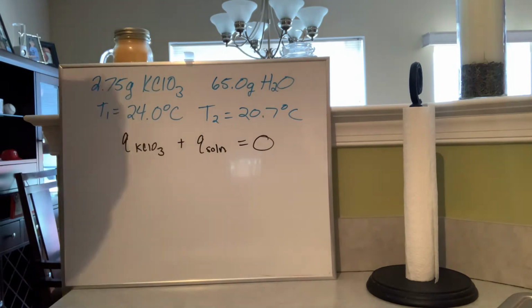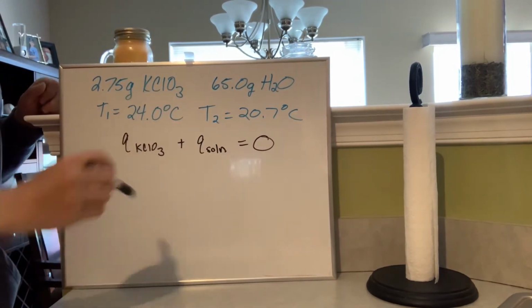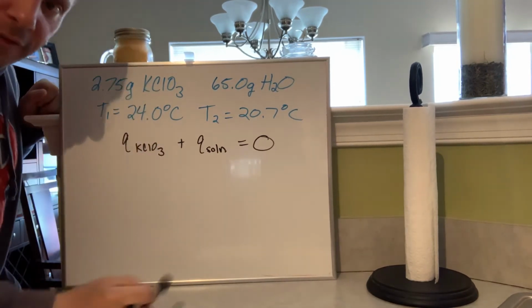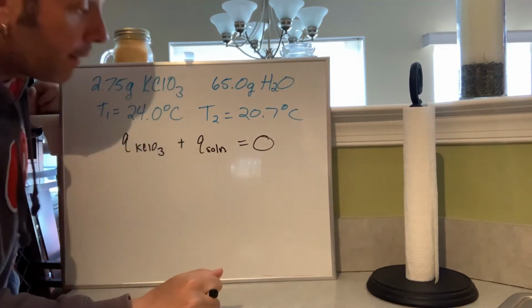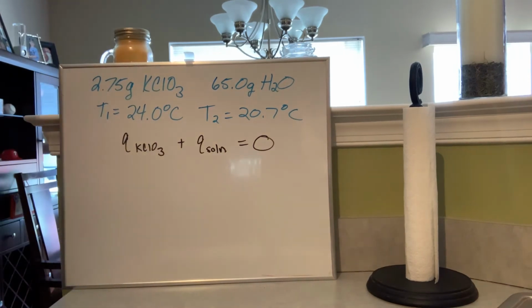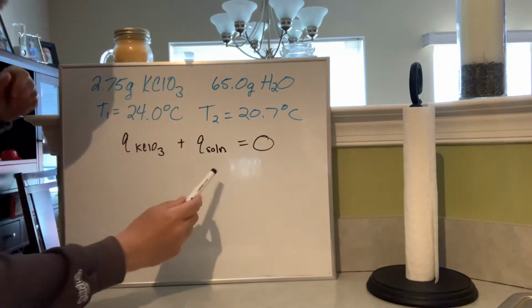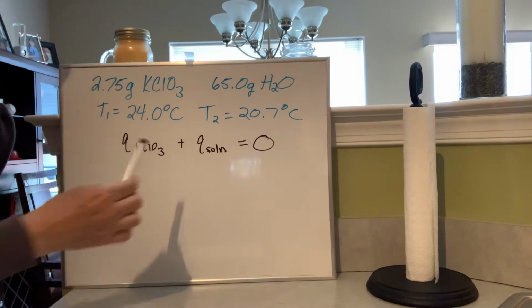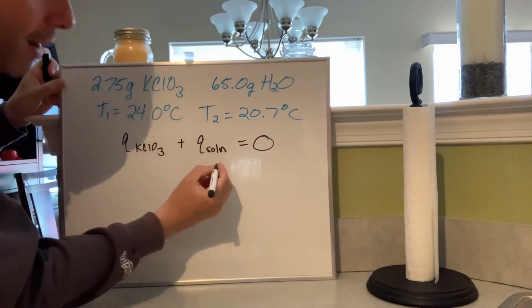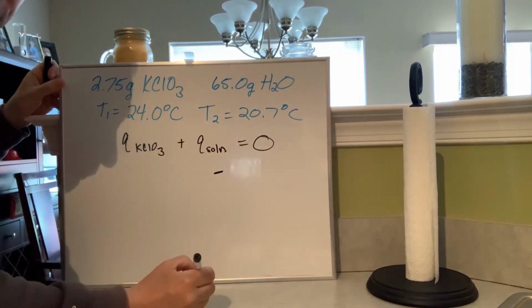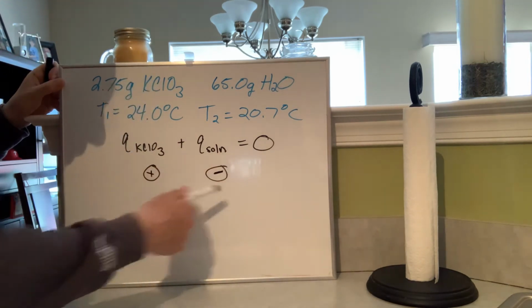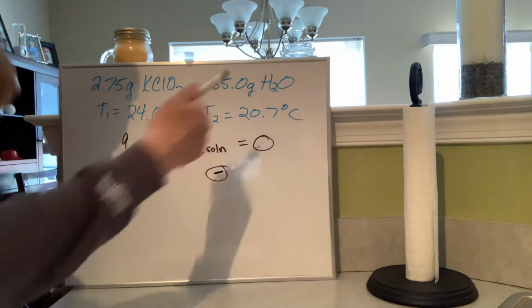So what made the water temperature drop is the stirring in of the 2.75 grams of KClO3. All right? So we need to figure out the enthalpy of this. This is making the water temperature go down. So the solution's Q value is dropping. So it's got to be negative, which means this has got to be positive, and they're the same number, right? Like -8 and +8 are going to equal 0.